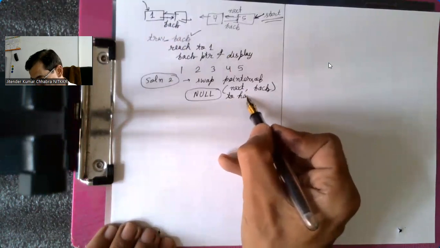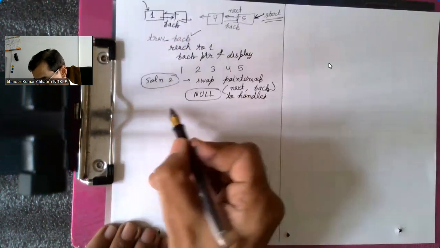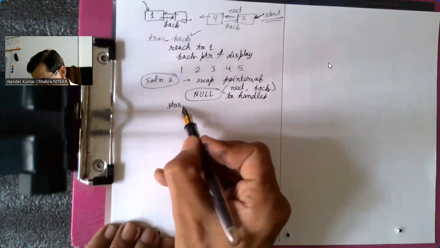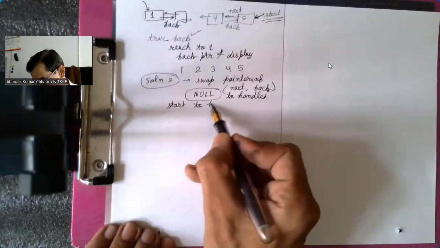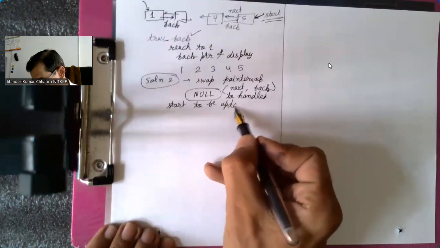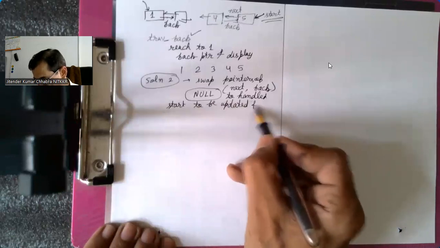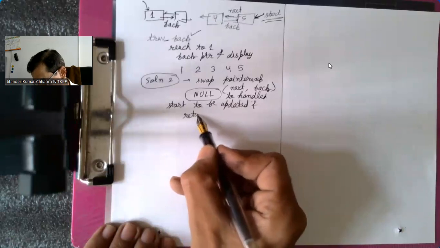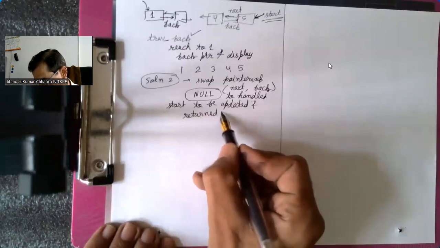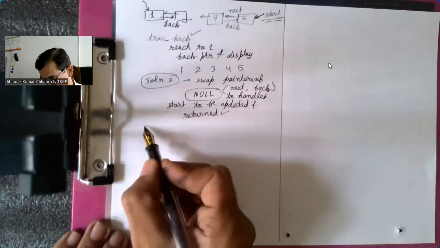And finally, start to be updated and returned. In the earlier case, start was not being changed, start always remained at the first node, and in this case, start will change. That can be solution 2.